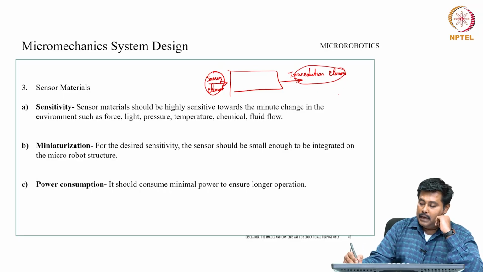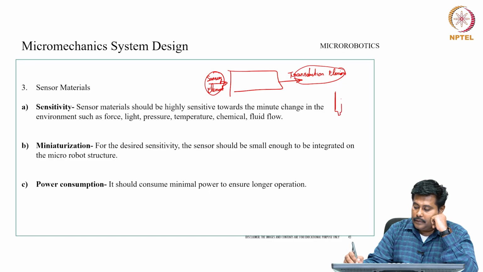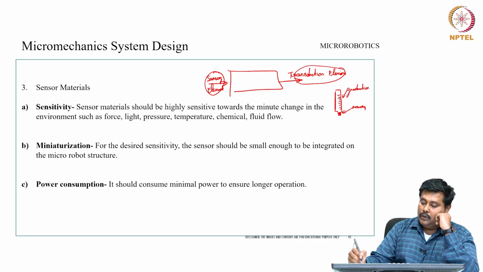Let us take a simple thermometer. In the case of a thermometer, there is mercury which is used for sensing the temperature, and a graduation over here.